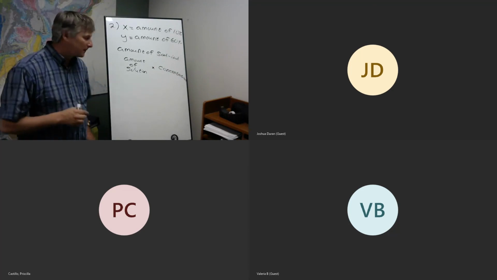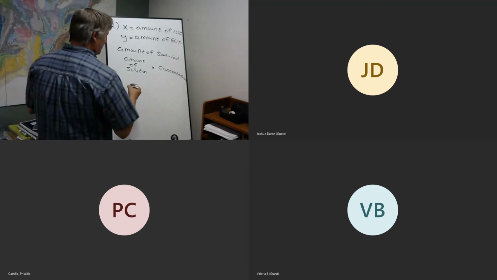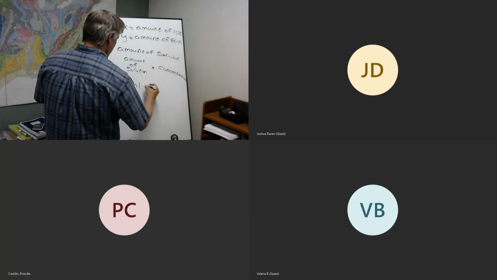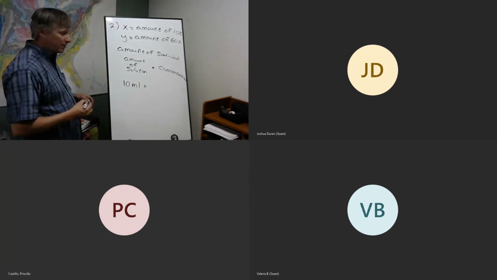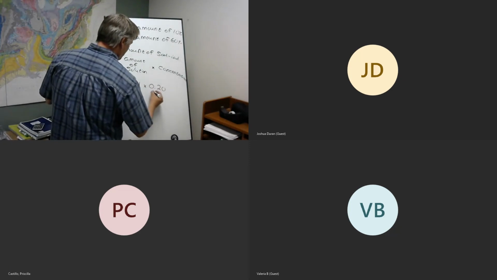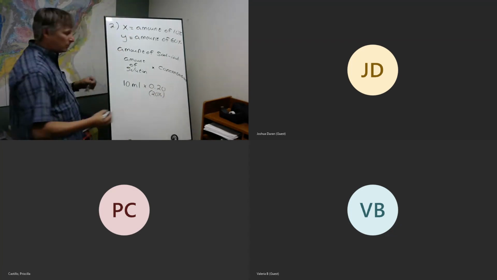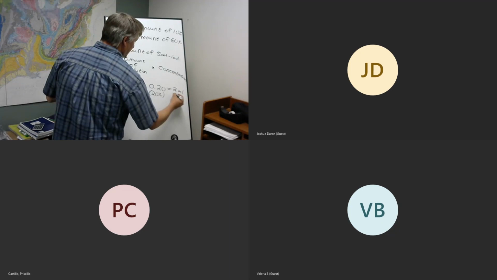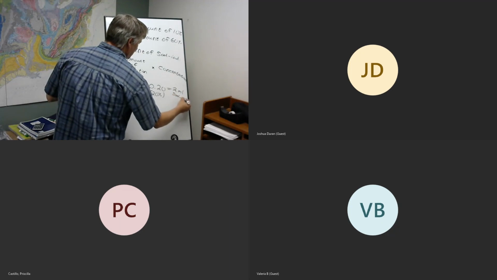So how does this work? Well, just real quickly, let's say we had our 10 milliliters and we multiply by the concentration, 0.20, which is 20%. What we'll get is 2 milliliters of sodium iodide.